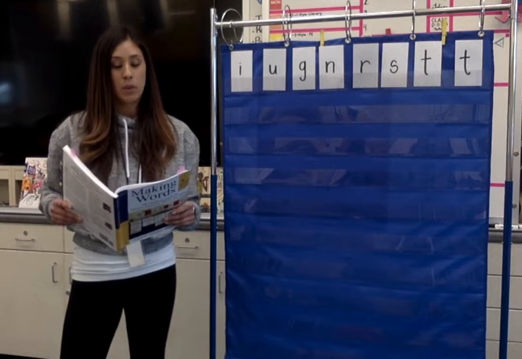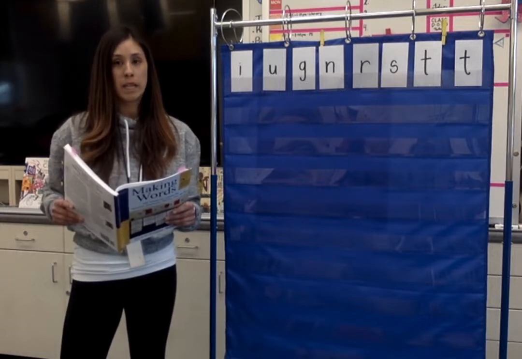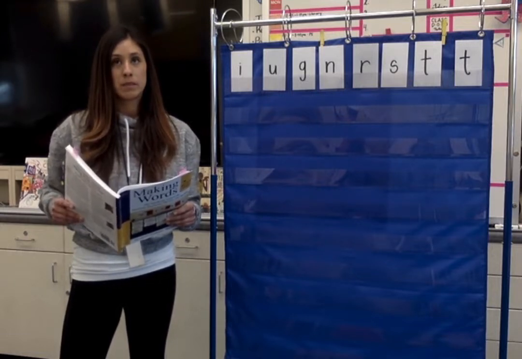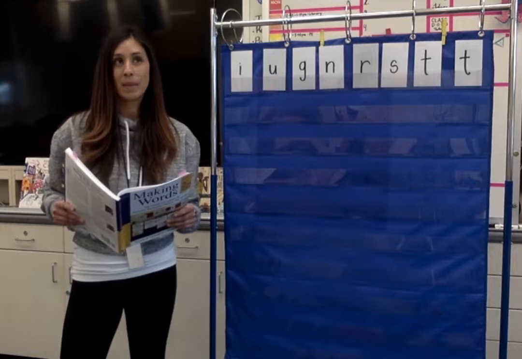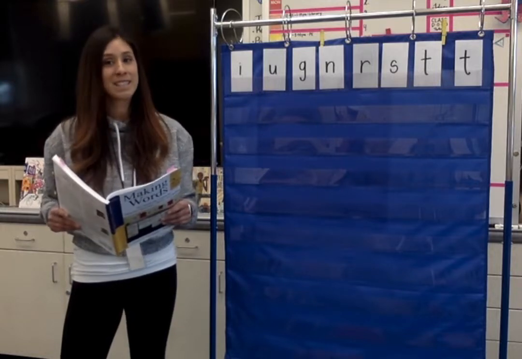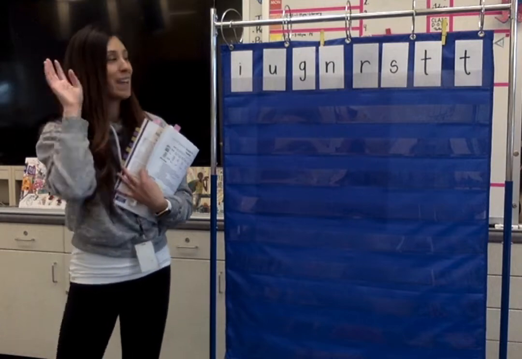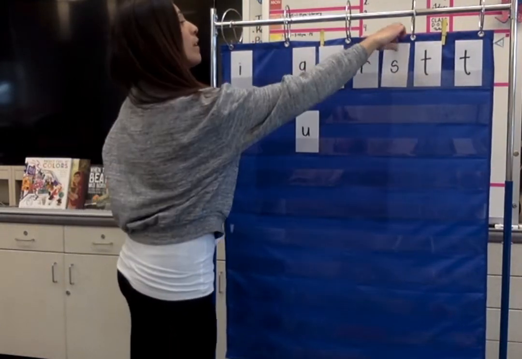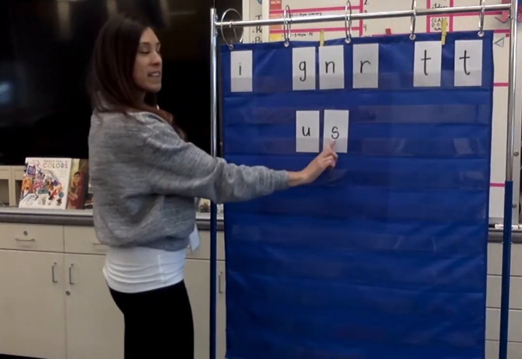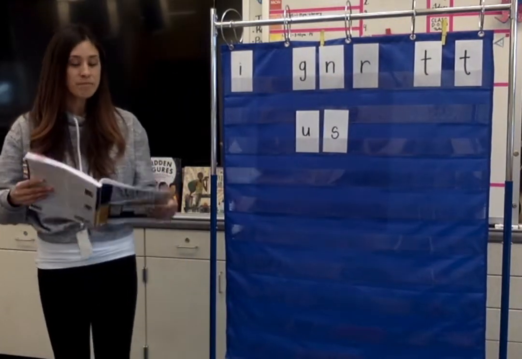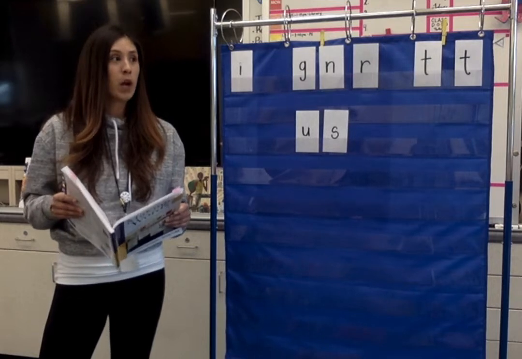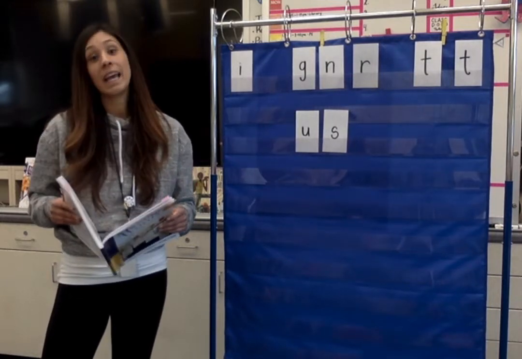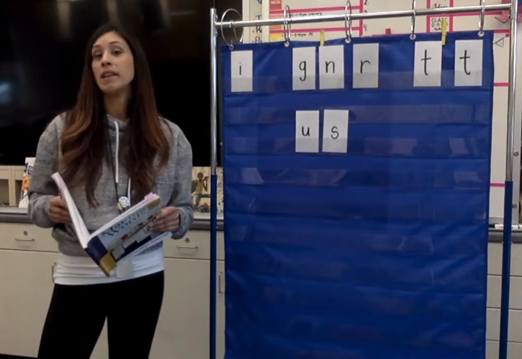Okay, so lowercase letters only. All right, go ahead and tell me, how do you spell the word us? I'm just kidding, I can't hear you. But I'm assuming that you said U-S, us.